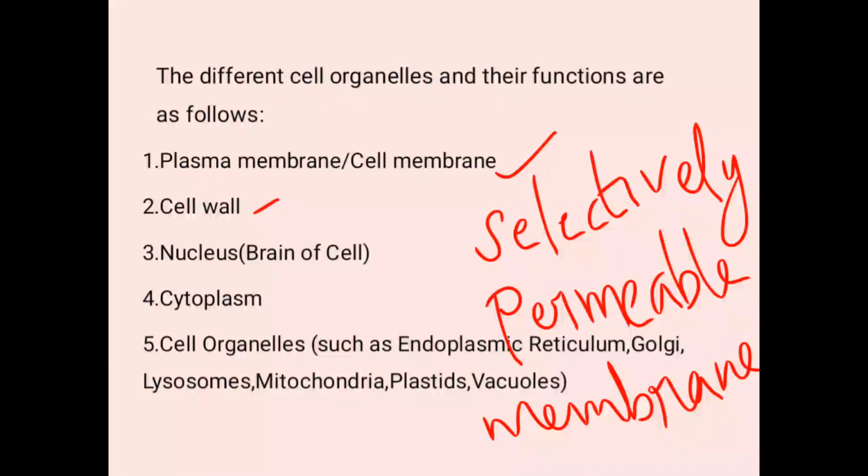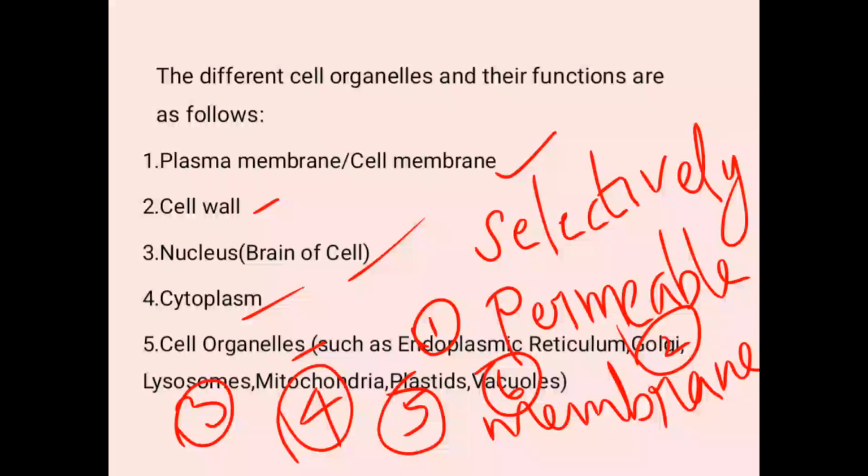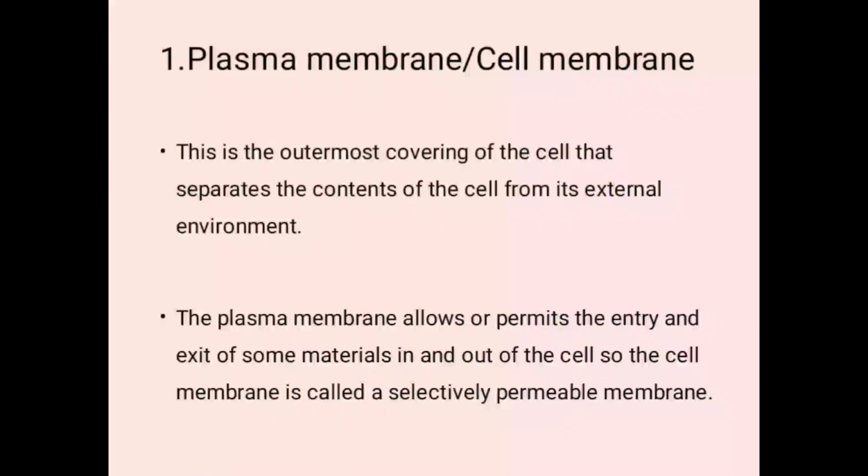Second one is the cell wall, third one is the nucleus, fourth one is the cytoplasm, and fifth one is the cell organelles. Among the cell organelles we have the endoplasmic reticulum, Golgi apparatus, lysosomes, mitochondria, plastids, and vacuoles. These are the six cell organelles given in your NCERT book. We will see them in detail in further slides.